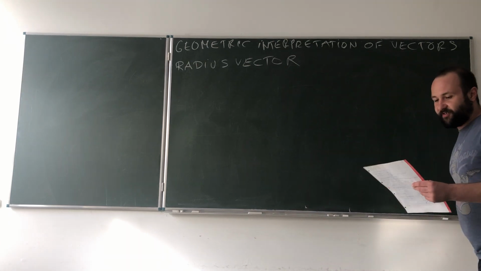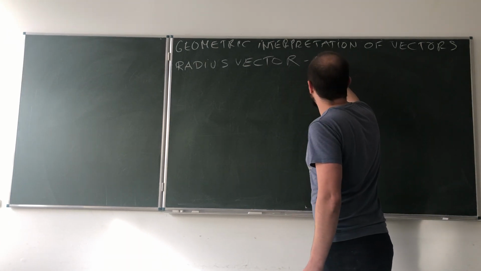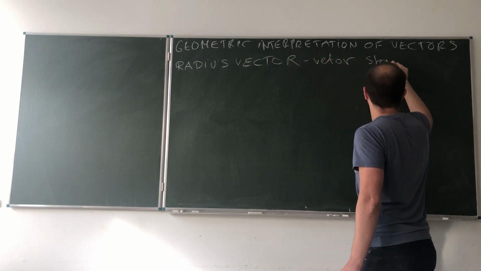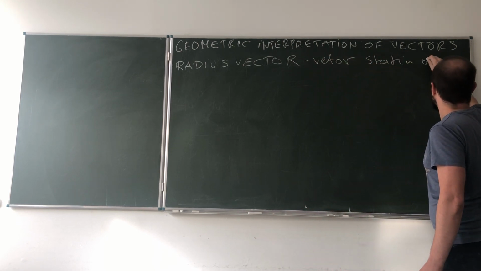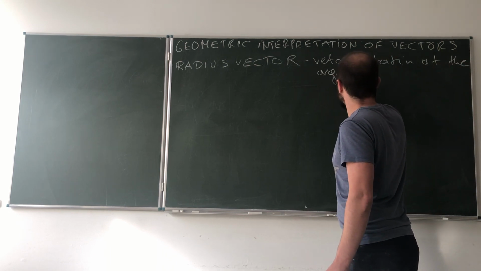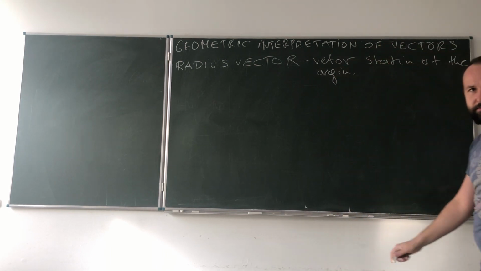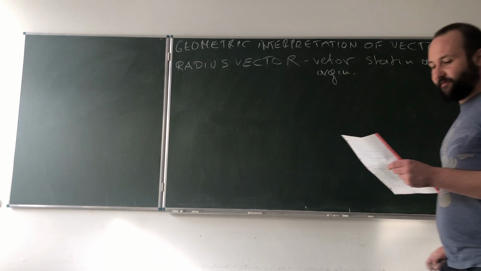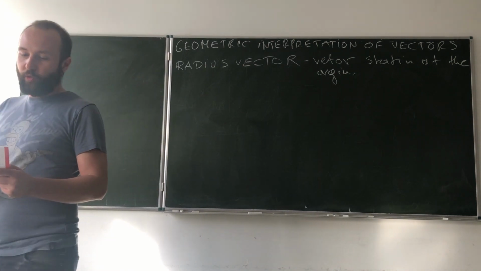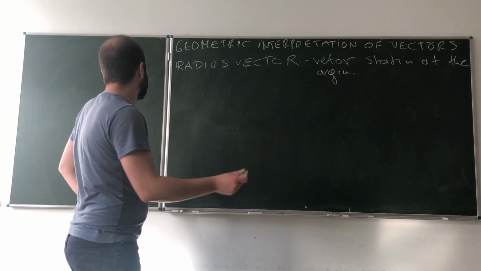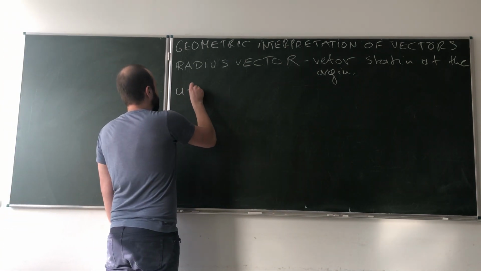So, a radius vector is simply a vector starting at the origin in Cartesian coordinate space. Okay, those are the vectors we will be dealing with. Okay, so let's start by having two vectors.